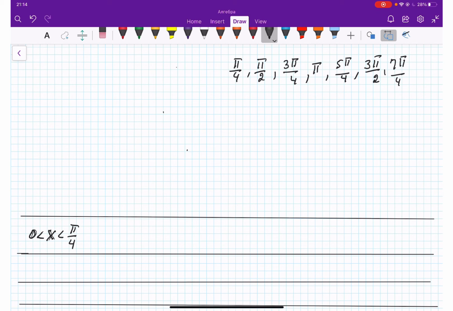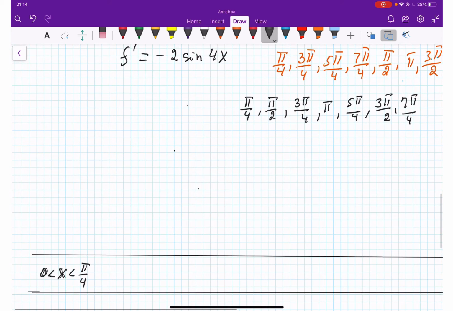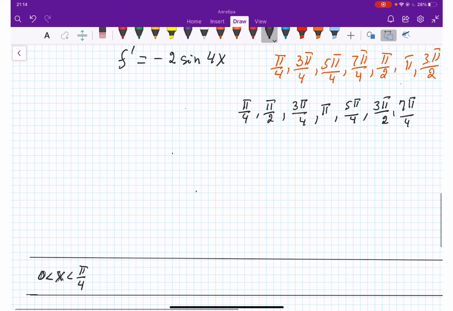What do we take? We take pi over 6, 30 degrees. Okay, so I'm going to do some drafting here. We have negative 2 sine 4x.